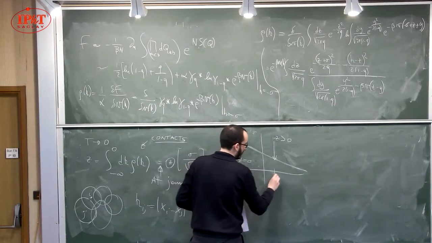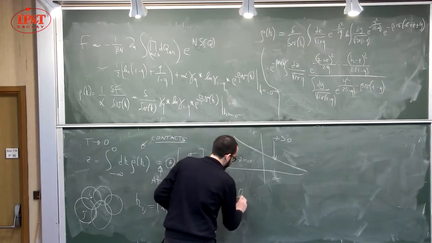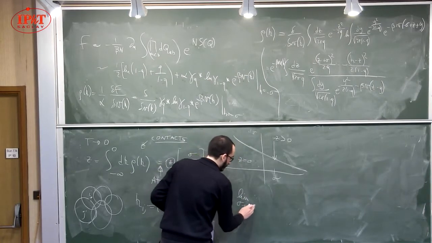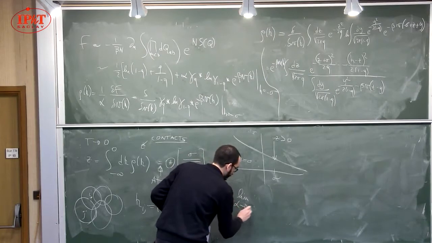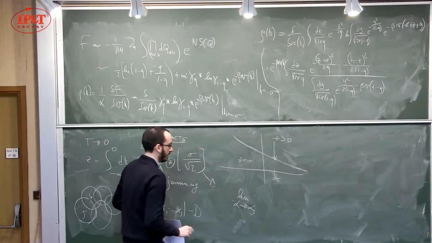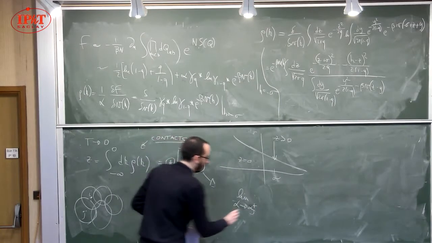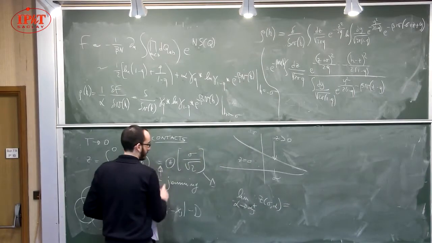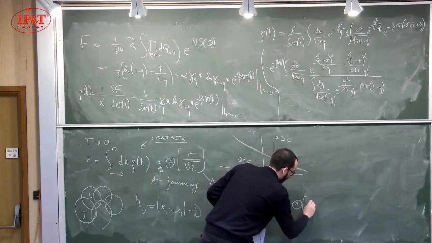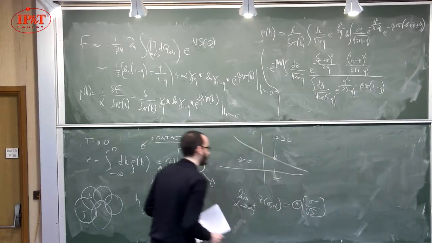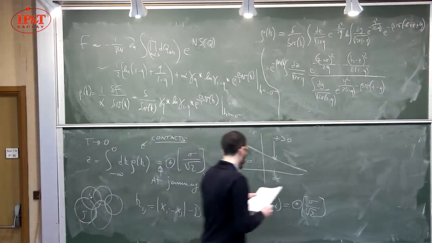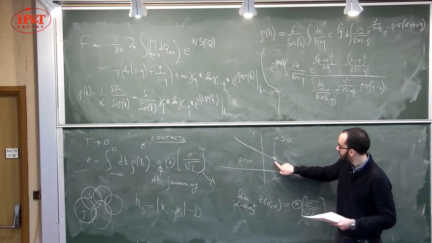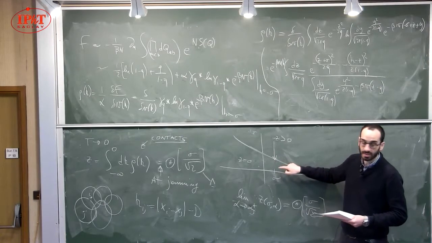So let me fix sigma, and then I do the limit of sigma going to sigma, alpha plus, of z of sigma and alpha. And this is just this. Okay, so therefore what happens is that when you cross the jamming transition, you have a jump in the number of contacts.